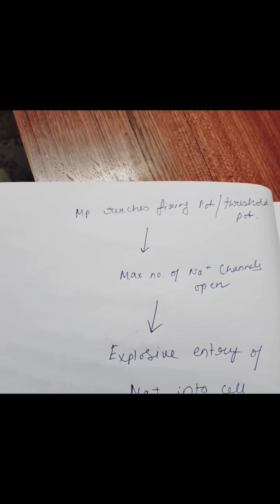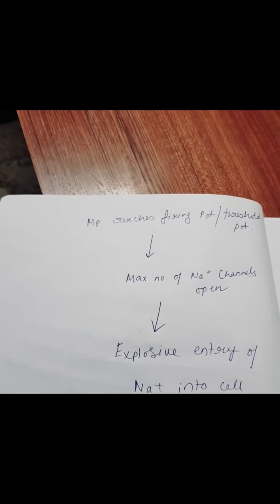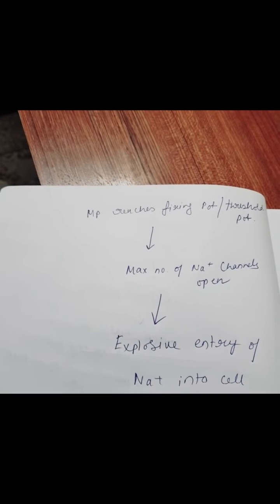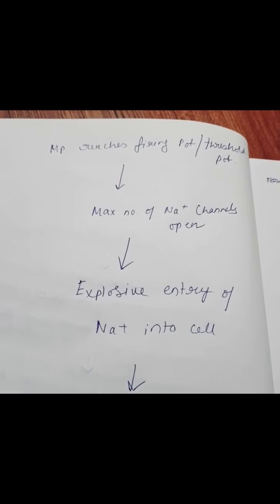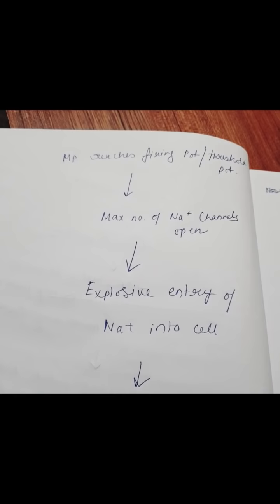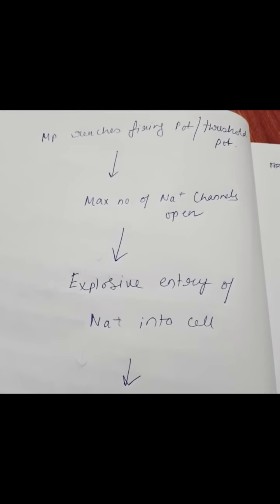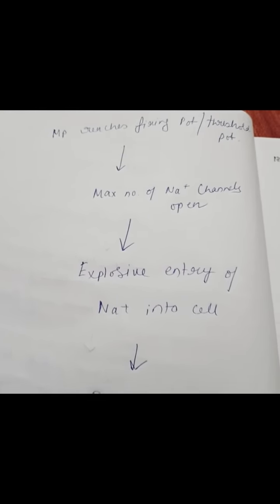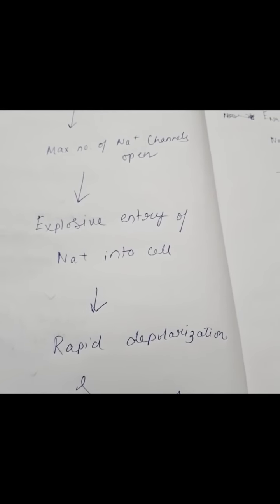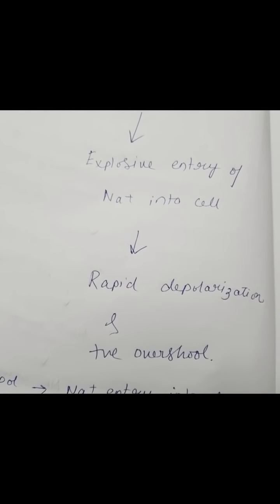At this firing threshold, or threshold potential, the maximum number of sodium channels are open. Okay. Due to this maximum opening of sodium channels, there is explosive entry of sodium into the cell. All the channels are open, therefore a large amount of sodium enters the cell. And due to this, rapid depolarization occurs, followed by overshoot.